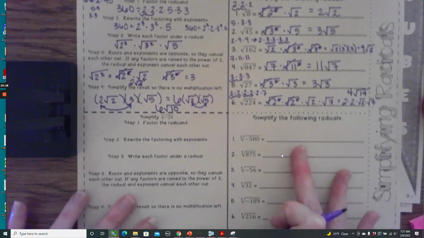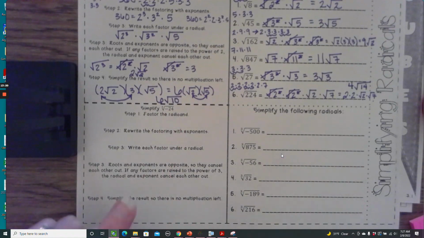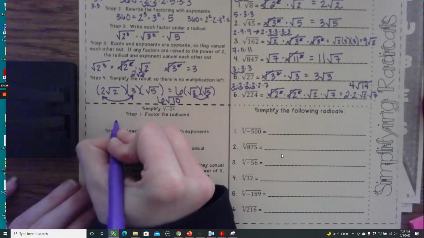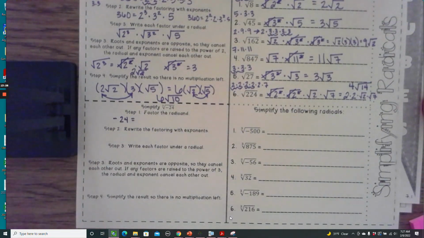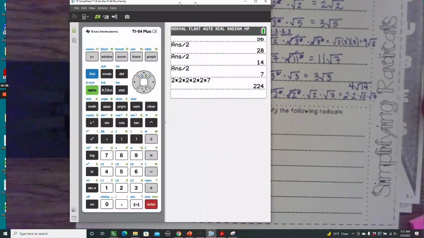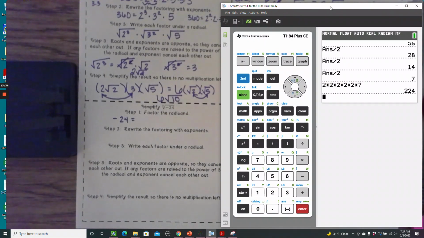All right, cube roots. Same idea here. We're going to factor the radicand. So we've got negative 24. So I'm going to get rid of that negative sign right off the bat. I'm going to do negative 24 divided by negative 2.